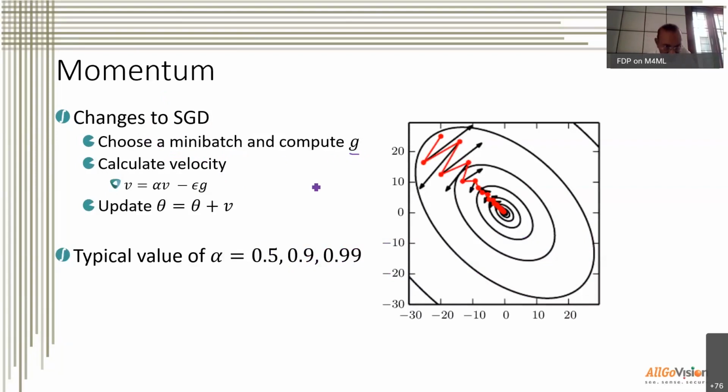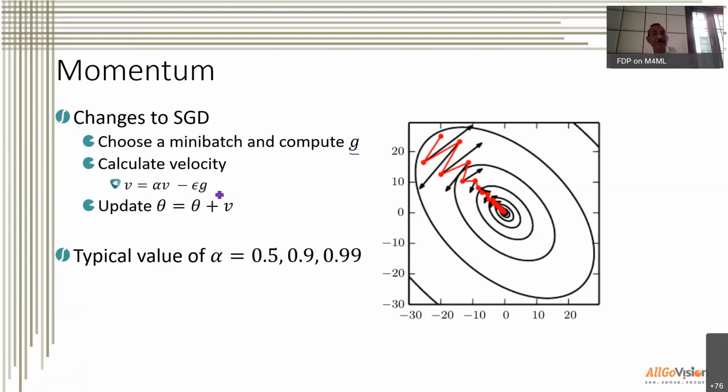Once you have computed your gradient g, you calculate something called velocity, because I want to see what previous step I should be using. You already have been storing the velocity; you can always start with zero velocity. You compute alpha times v minus epsilon times the current gradient g, where v is the previous velocity.